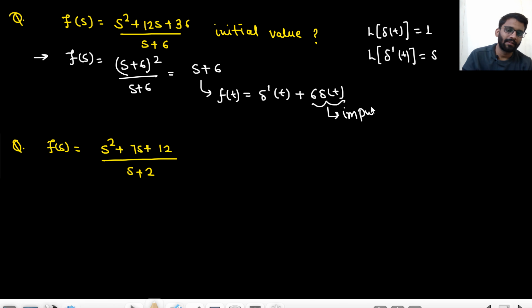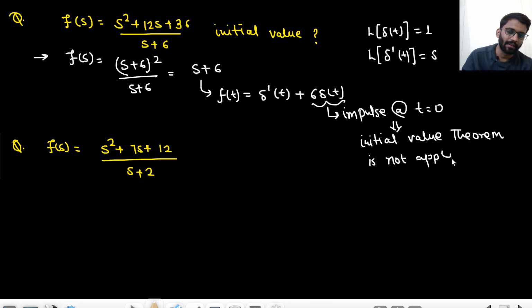Impulse at t equals 0. Initial value theorem is not applicable, right? Did you understand?